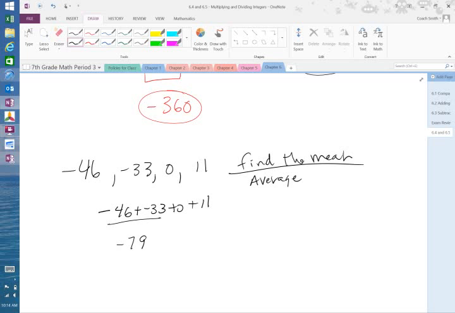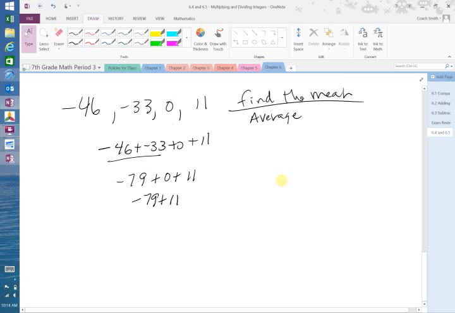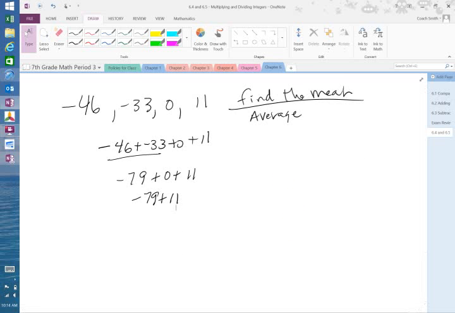Okay? Now, if we finish the problem out, obviously when we take 0 and add it to any number, that number stays the same. So you have negative 79 plus 11. Now we further are going to confuse things here because we have a negative and a positive. We have to take the absolute value of the two numbers and subtract their absolute values.